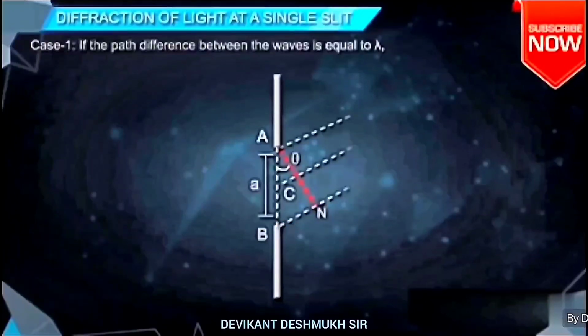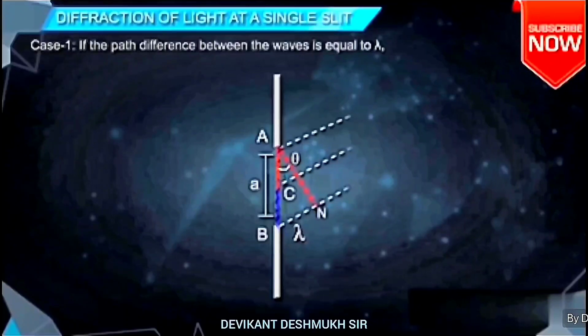Now consider case 1. If the path difference between light at point P is equal to wavelength lambda, the wavefront is divided into two equal parts AC and CB. It is found that the path difference between light from A and C at P is lambda by 2.